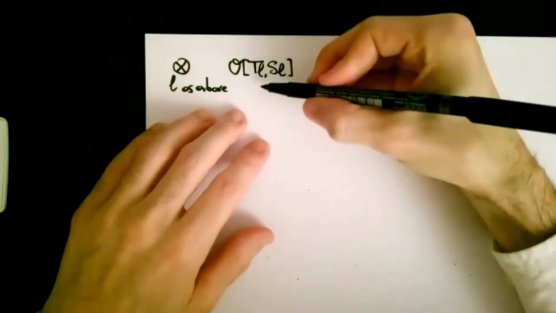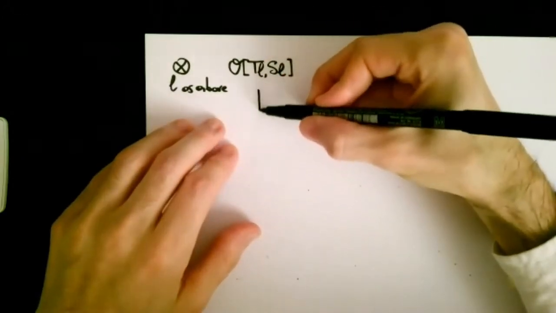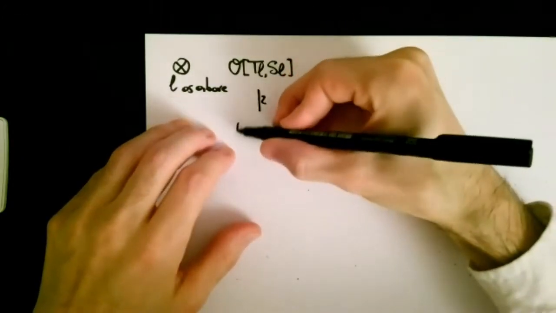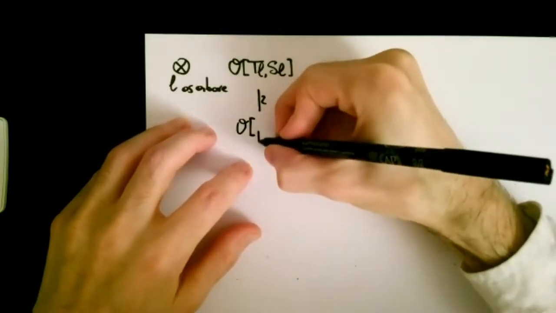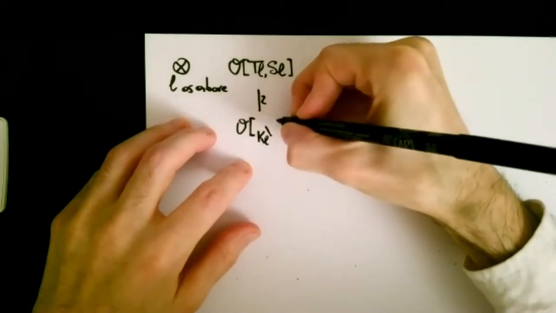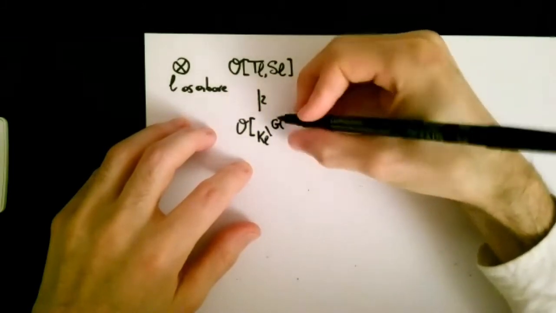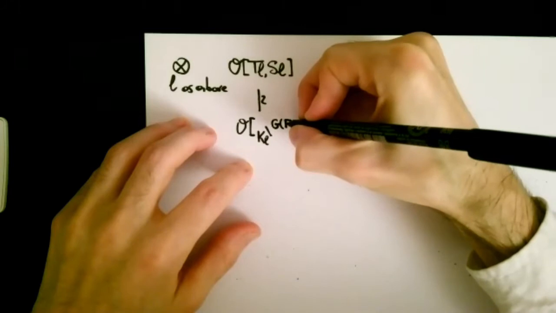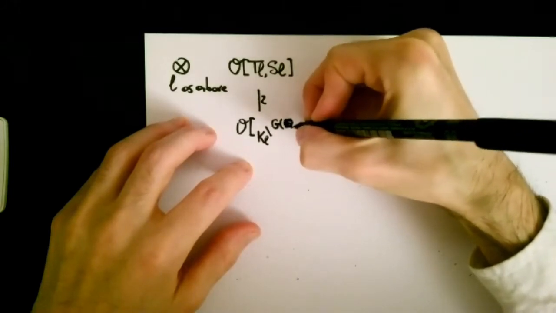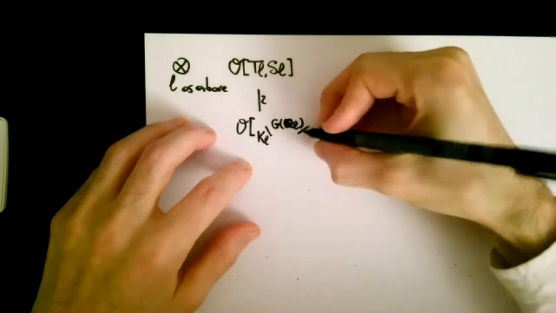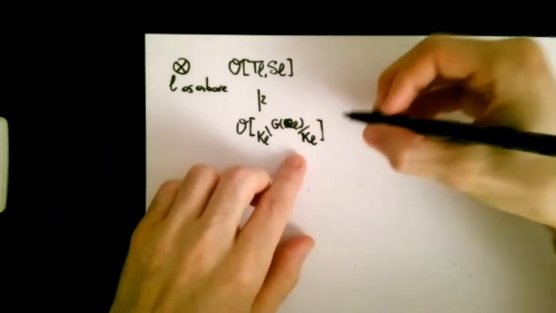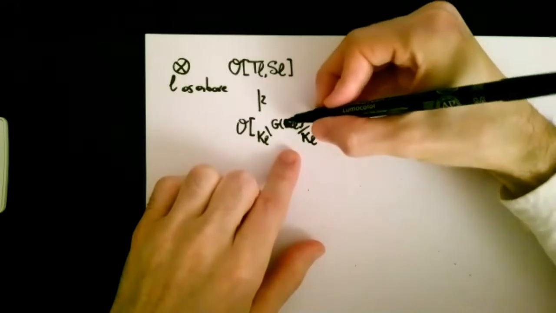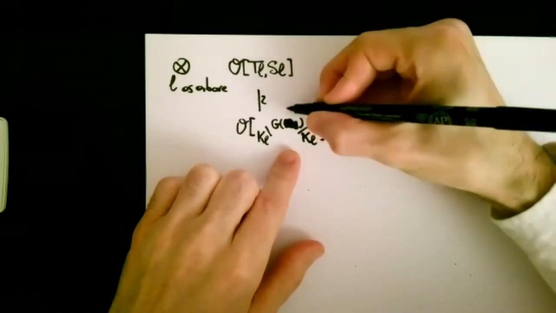What I want to remark is that this polynomial algebra is actually the double coset algebra, thanks to the Cartan decomposition. So I take here K_l, GL_2 of F_l, here I have again K_l.